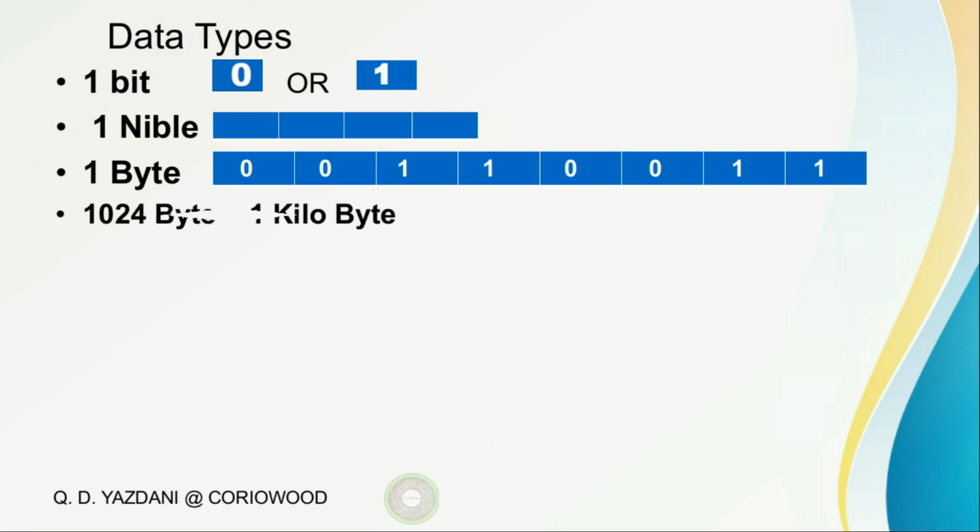And 1024 bytes is 1 kilobyte, and 1024 kilobytes is 1 megabyte. Back then when I started C++ in 1995, the biggest we had was 1 megabyte, because I learned computers on 8-bit, then I moved to 16-bit and it was very slow, and all you could see was a dark screen, and I learned C++.